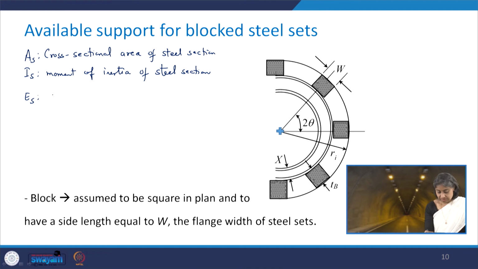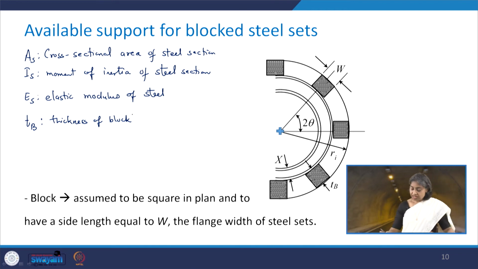ES is the elastic modulus of steel. Then TB is the thickness of the block.